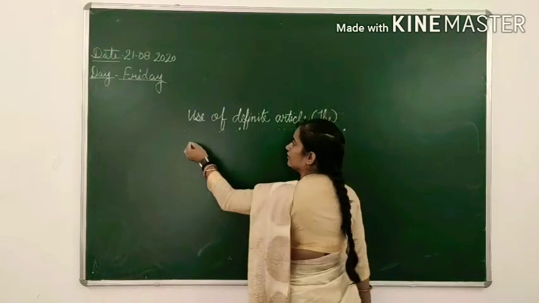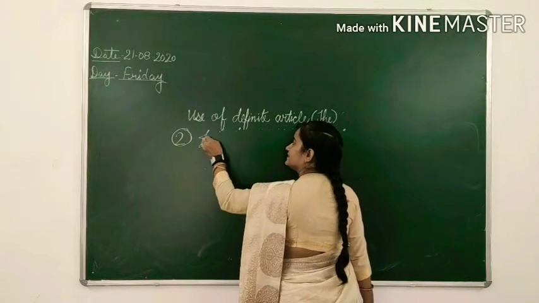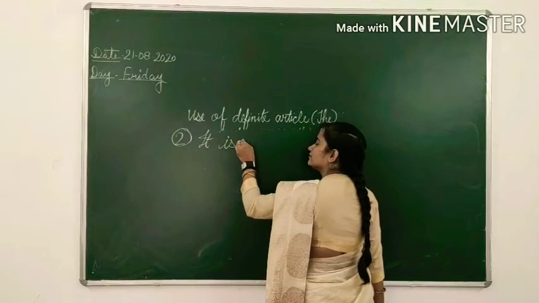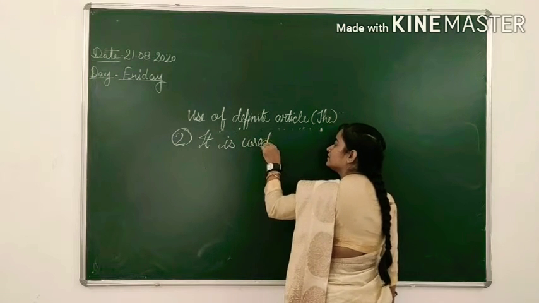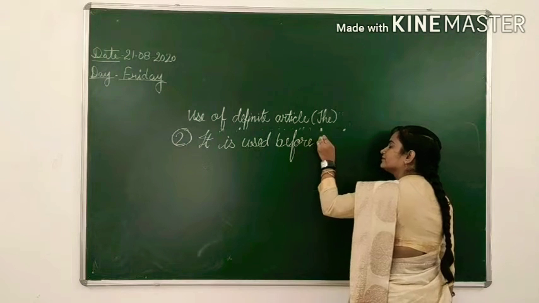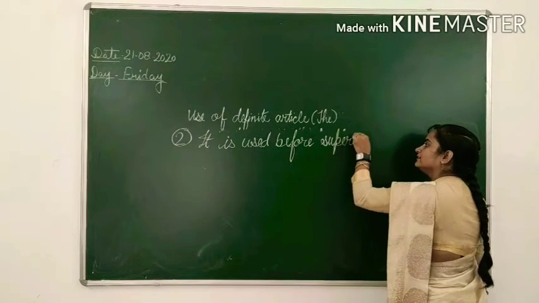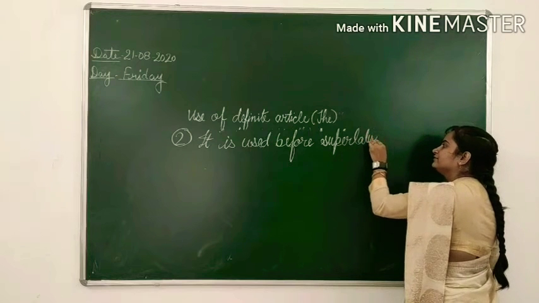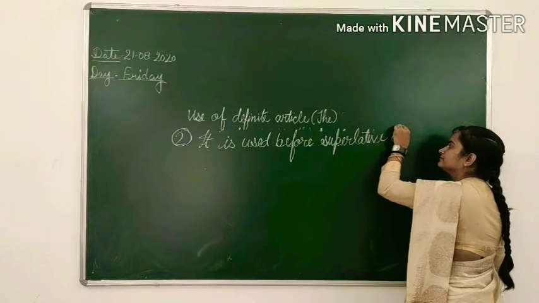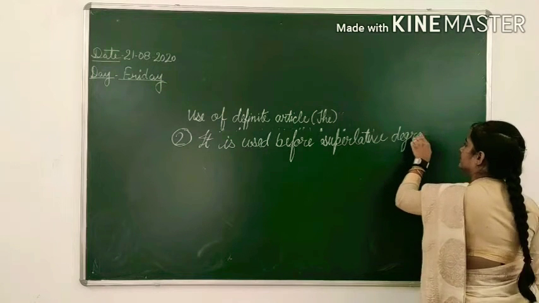The second use of the definite article the is that it is used before the superlative degree.